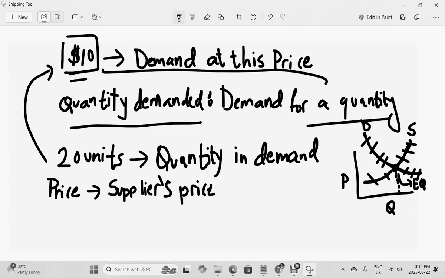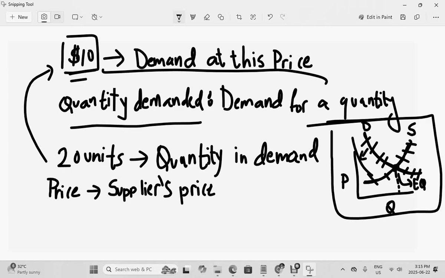When we talk about movement along the curve, we're talking about the model based on ceteris paribus, all other things being equal. But if the demand changes for whatever reason, and there are other factors to consider when it comes to demand, and the demand falls, this curve will shift to the left.